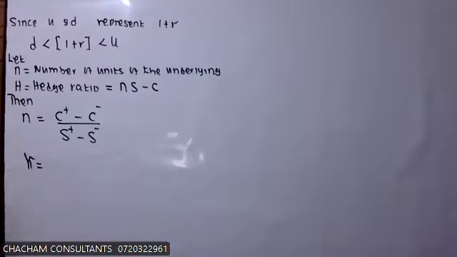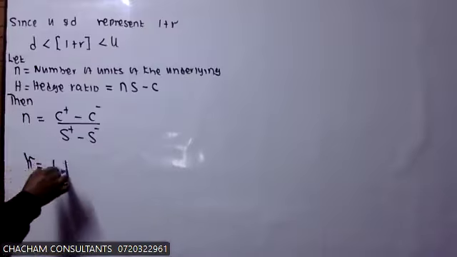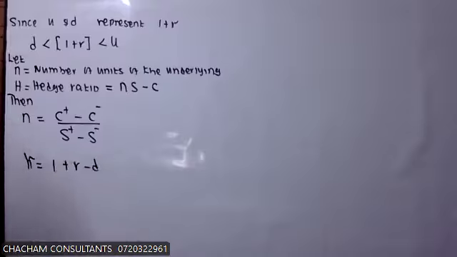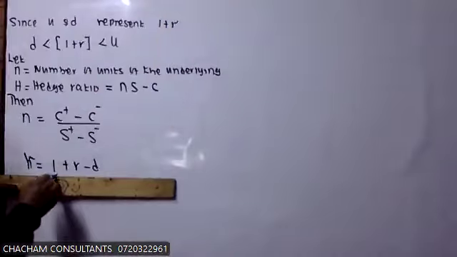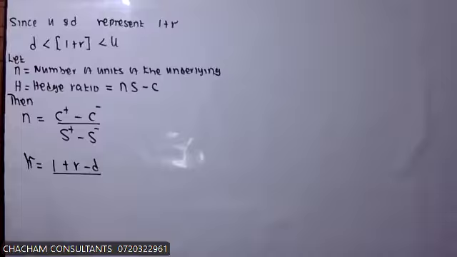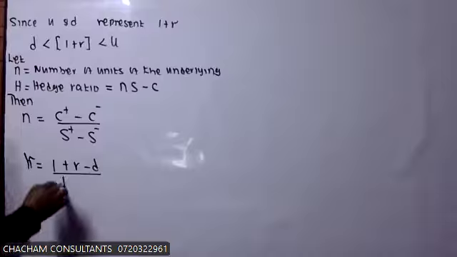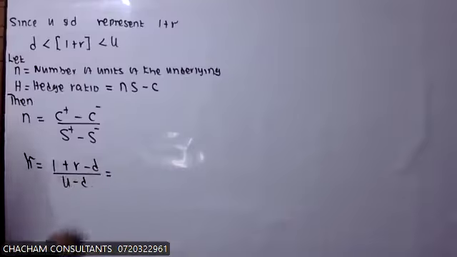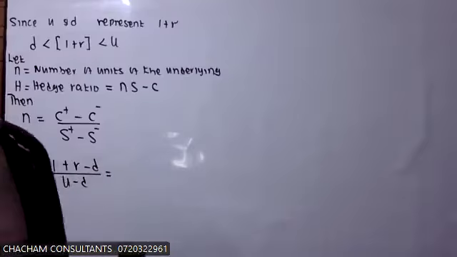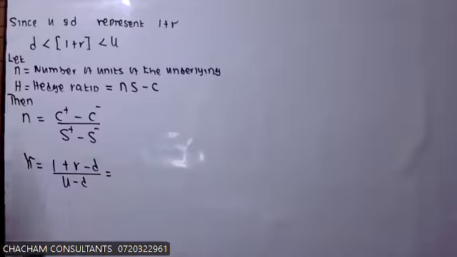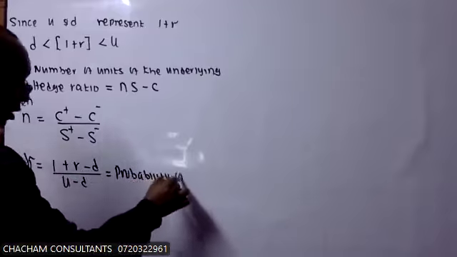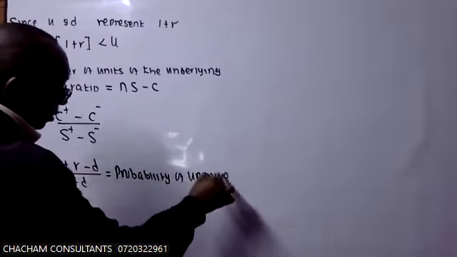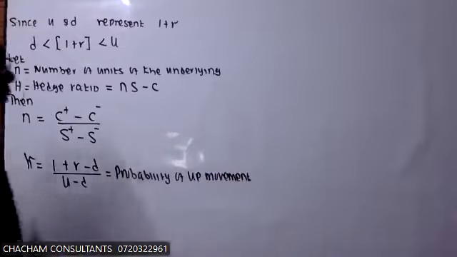Pi will be given as 1 plus R minus D over U minus D, and this one is the probability of up movement.